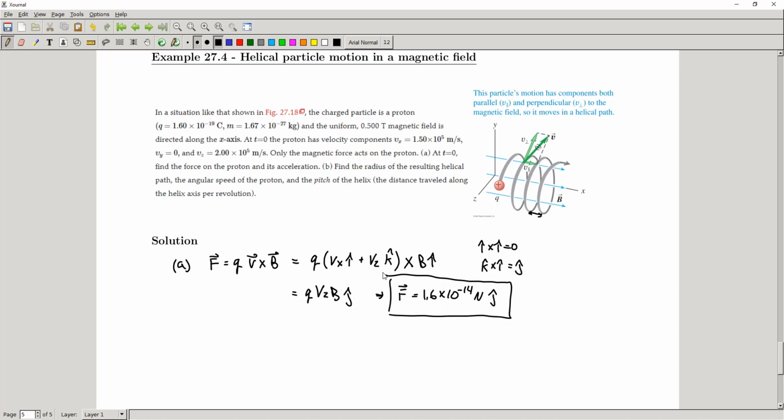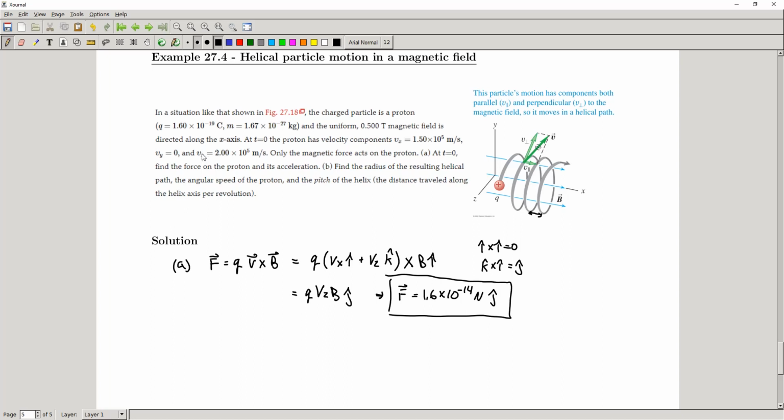Does this make sense? Well, it does, because we have to be careful about this particle coming into the magnetic field. Right at this moment, some of the velocity points in the x direction, so that's not going to contribute to the uniform circular motion. There's nothing going on in the y direction, and the rest is in the z direction.